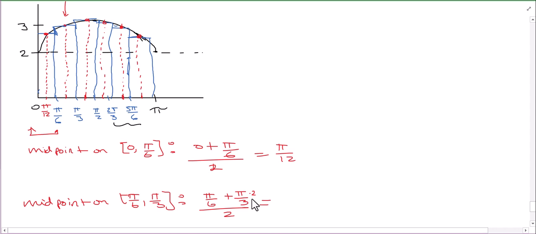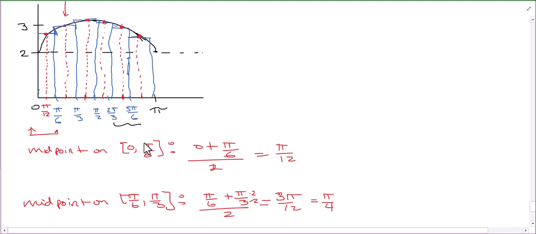So pi over 3 becomes 2 pi over 6. So that'll be 2 pi over 6 plus pi over 6, which is 3 pi over 6, and then divided by 2 gives 3 pi over 12, which reduces to pi over 4, and so on. So you go through and find the midpoint of all of these.